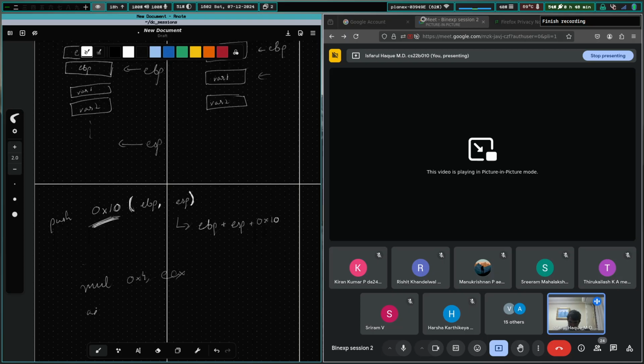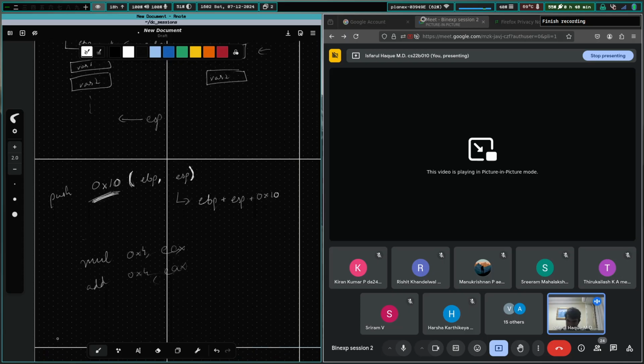You do an add 0x4 EAX, and then instead of referencing it that way, you reference it this way. Push 0x0 EBP, EAX.